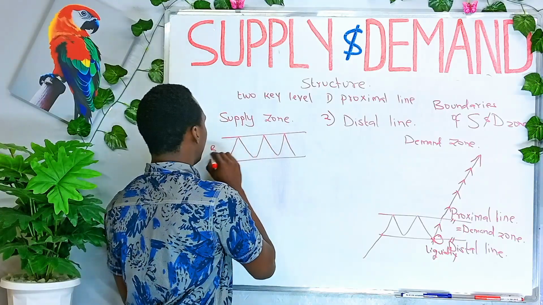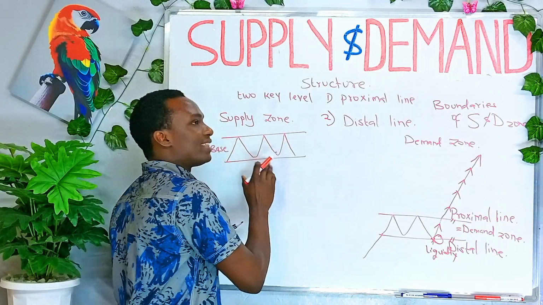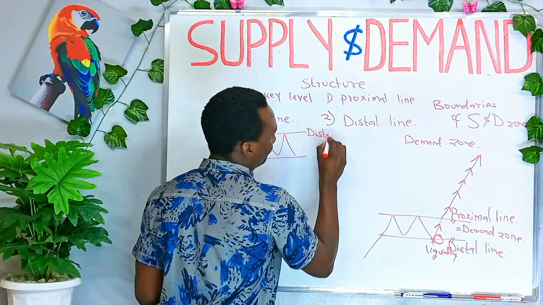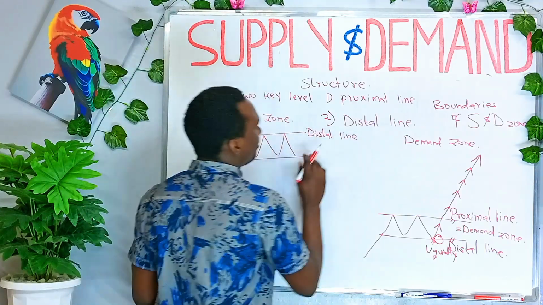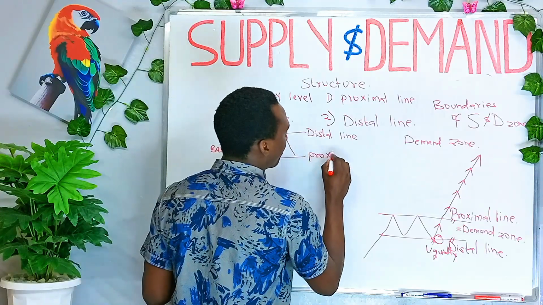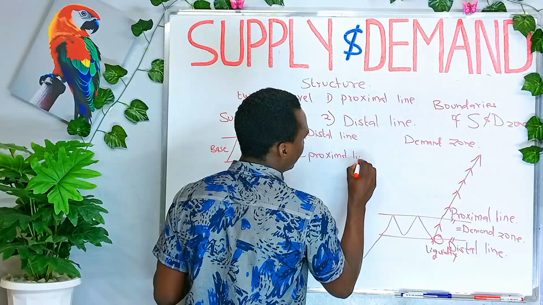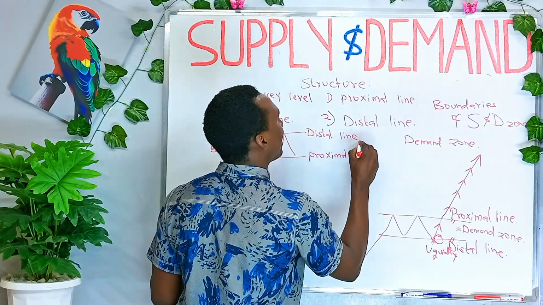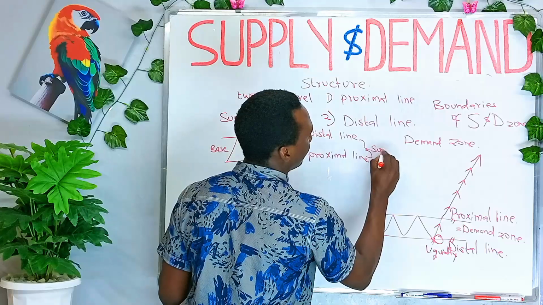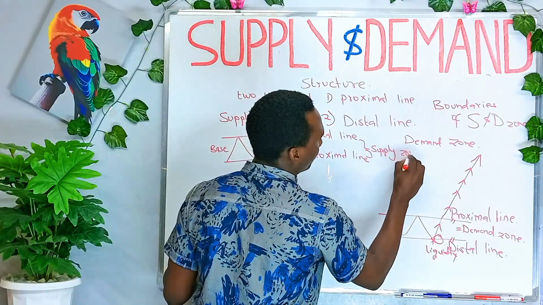Now in this case, the upper line is the distal line. The lower line is the proximal line. What lies between these two lines is the supply zone.